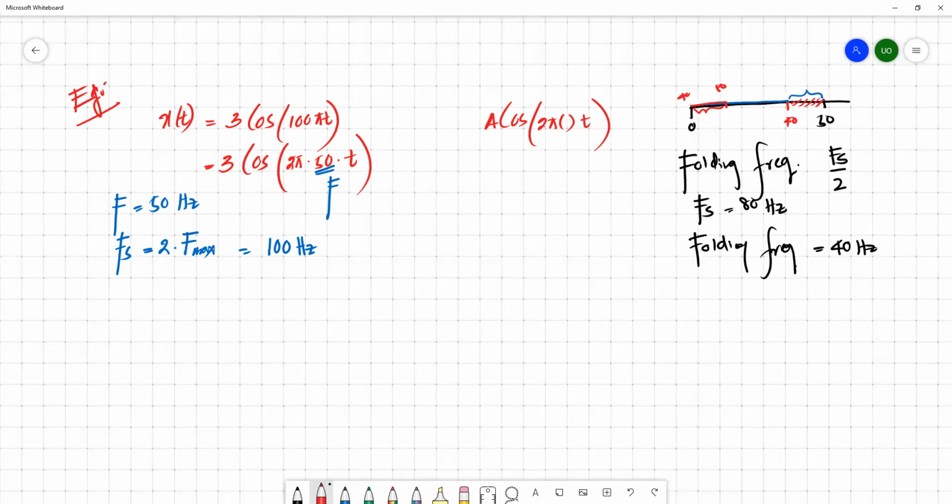So if we have a certain set of frequencies between 40 and 50, they are simply mapped to 0 to 10. So if we have two signals, one with frequency between 0 and 10 and the other between 40 and 50, they generate the same discrete signal.